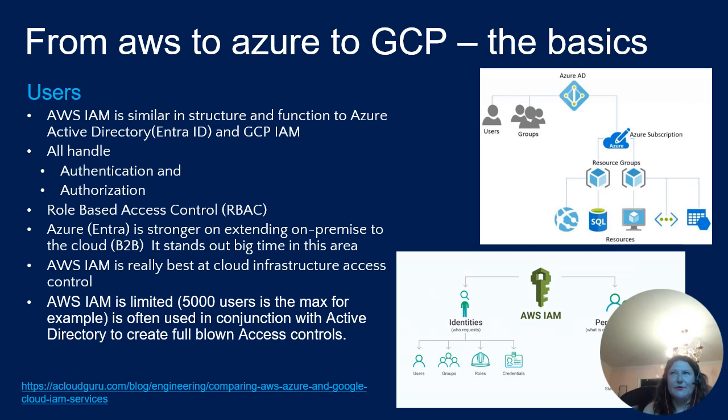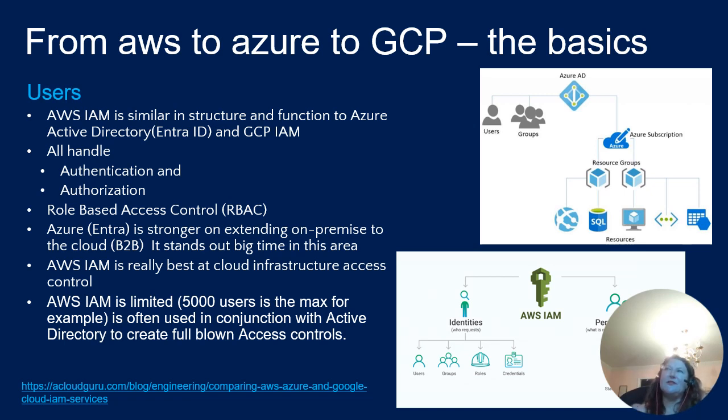Now, some people actually use Azure Active Directory or Entra ID as their single sign-on. Even though they're using a different cloud, you can still use Active Directory for the actual identity management and SSO and all that kind of stuff. That's one way around it.